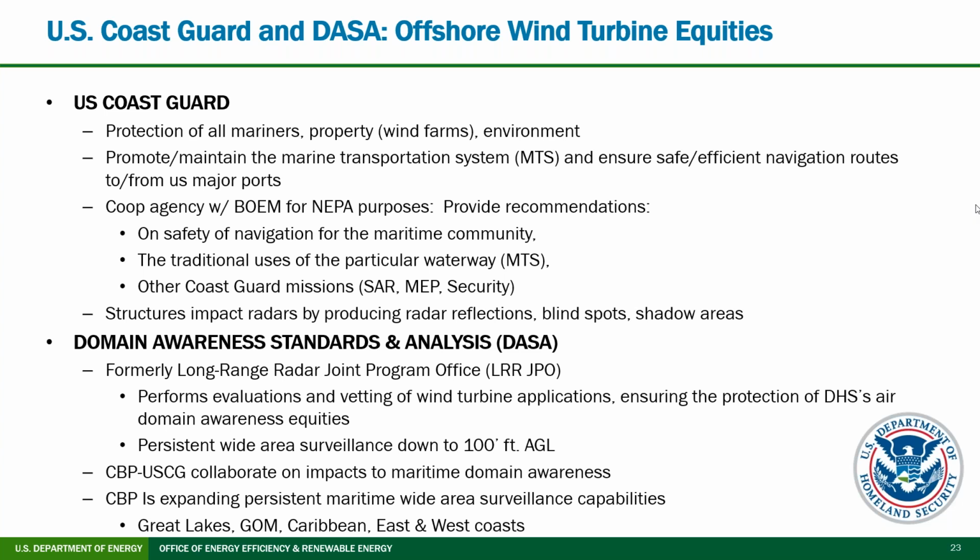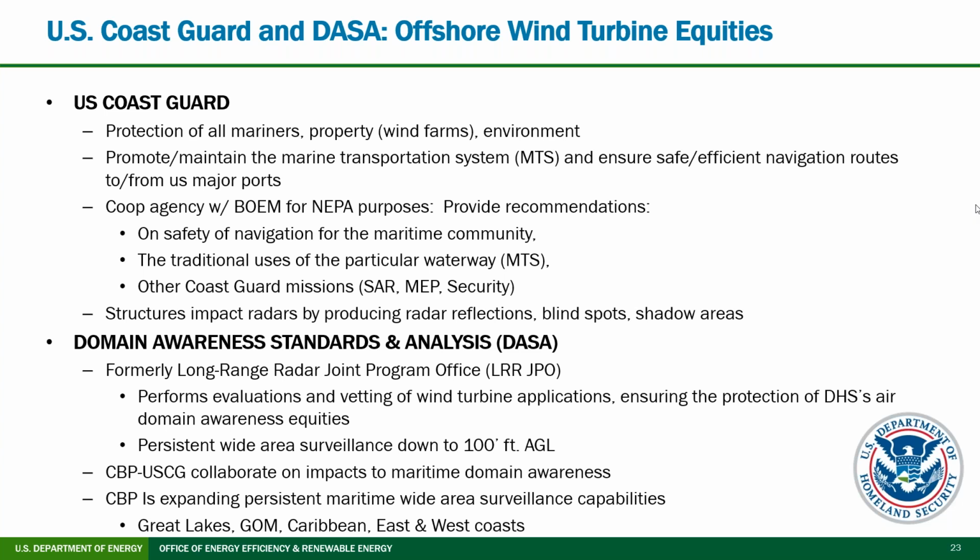I tried to narrow them down to basically, in a nutshell, we exist to protect all mariners of all types. Everything from the wreck boater all the way up to, in theory, aircraft carriers and things like that. We also are to protect property at sea, which does include the wind farms, so we have to take that into account. And of course, as most of the government agencies, we're out to protect the environment.